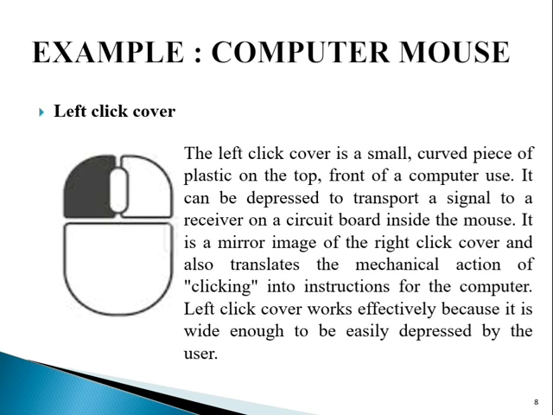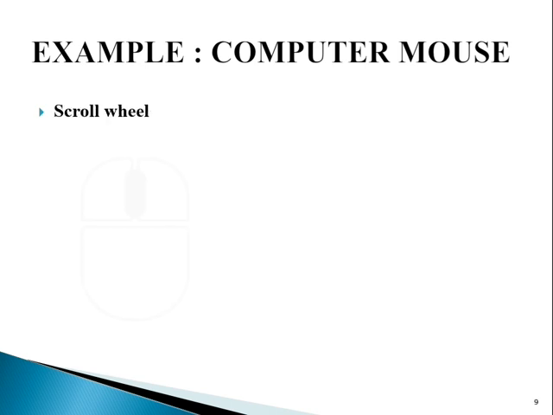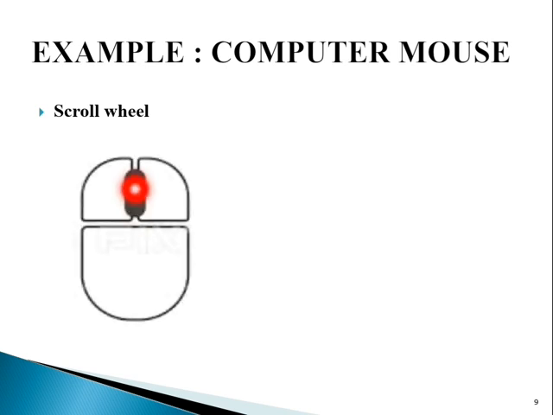Okay, next is scroll wheel, so you can see scroll wheel here. So the scroll wheel is a small wheel overlaid with rubber, or a similar low friction material. It can be rubber or a low friction material can be used. It is located between the right and left click covers, and it connects to the internal circuit board through a system of tiny gears.